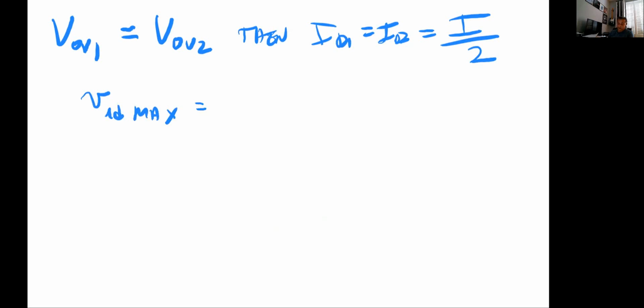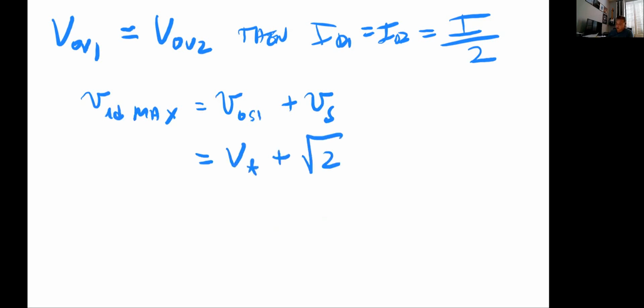And if we go back to the topology, that is going to be VGS1 plus the voltage at the source, which is the threshold, plus that overdrive voltage minus the threshold.